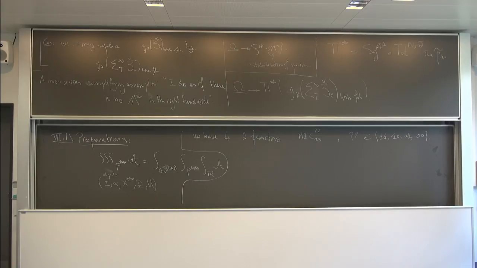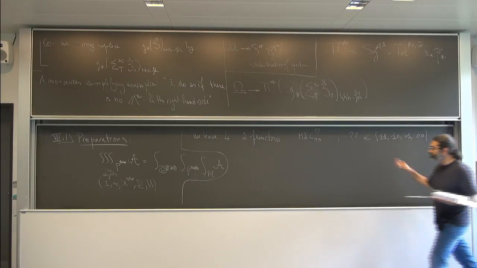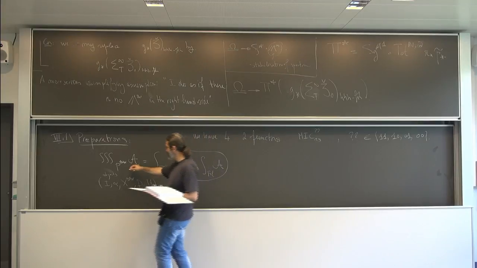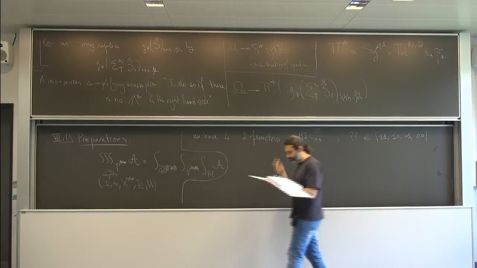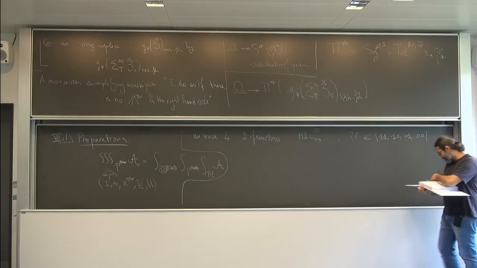So these are functors that go from this category to abelian categories or Tannakian categories.